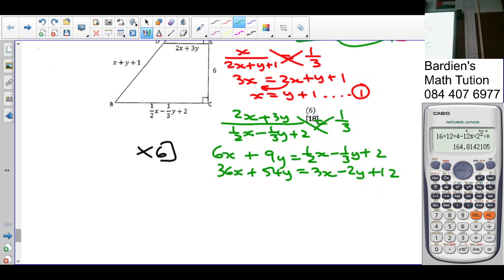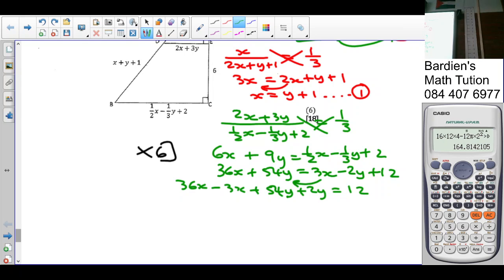Okay? So what do I do now? Bring everything to one side, not so? So it's going to be 36x minus 3x plus 54y plus 2y equals 12.